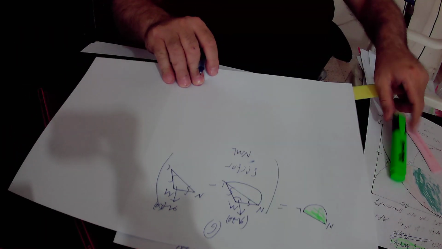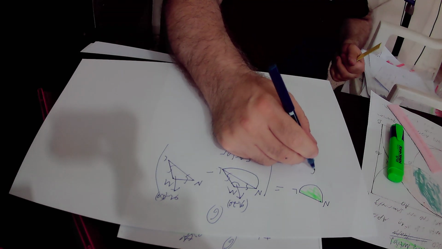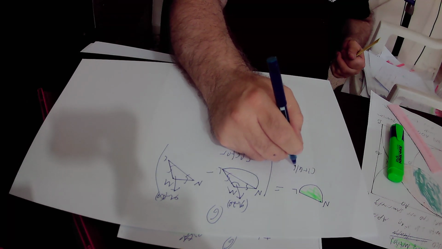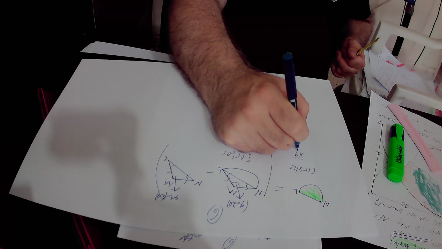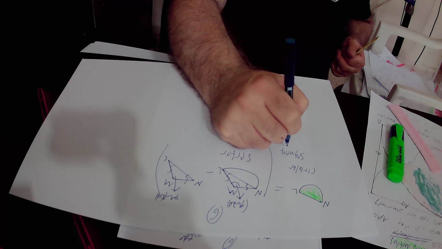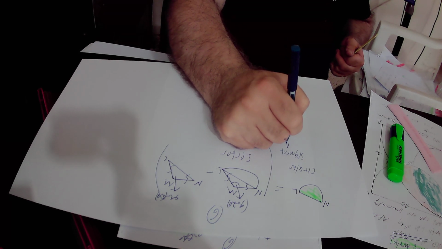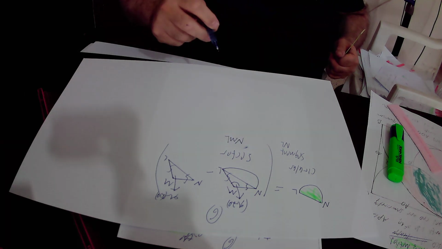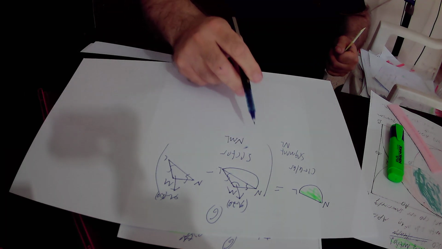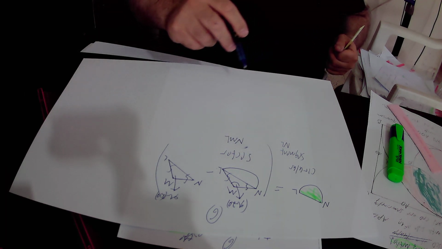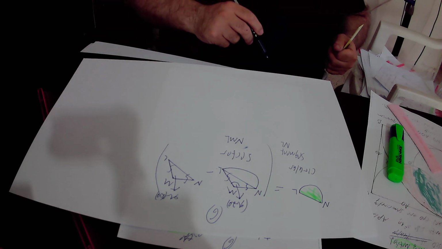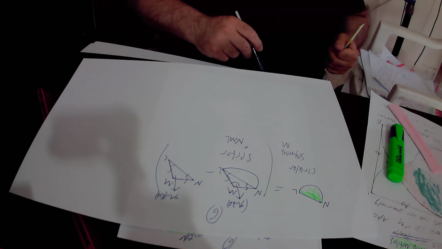I repeat again, the area of the lower circular segment NL is equal to the area of sector NML minus the area of triangle NML. Okay?